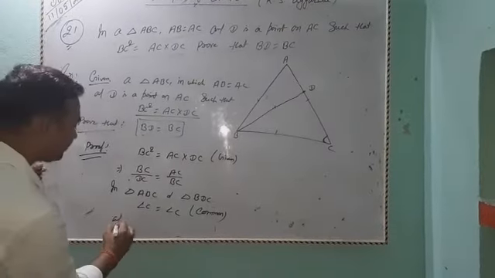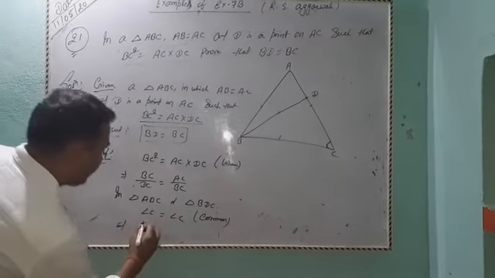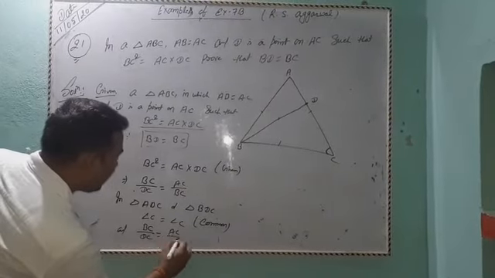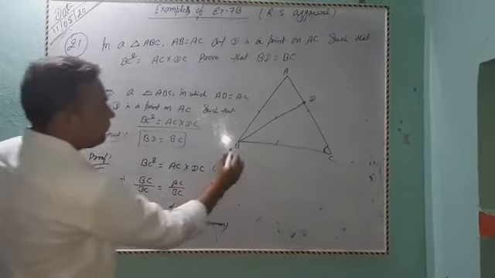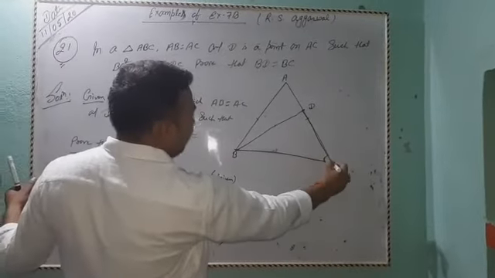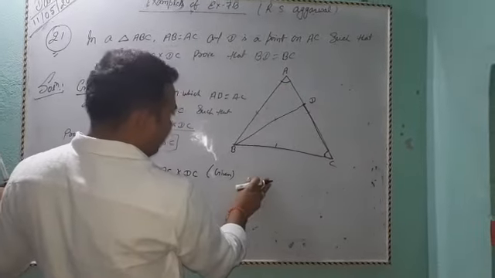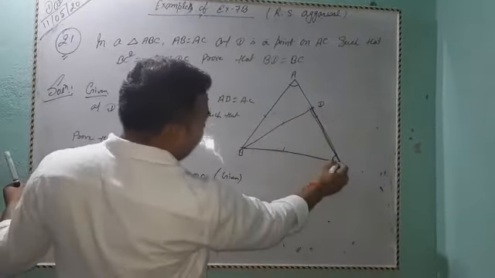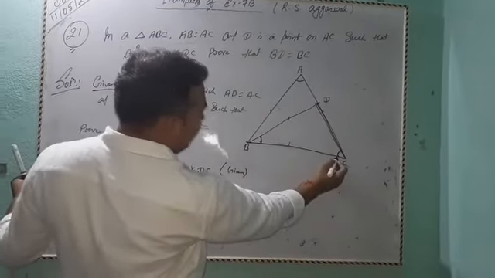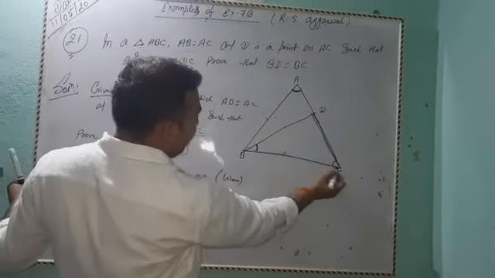And BC by DC equals AC by BC. BC is the opposite side of this angle, and DC in this triangle is the opposite side of angle DBC, which means angle A equals angle DBC.